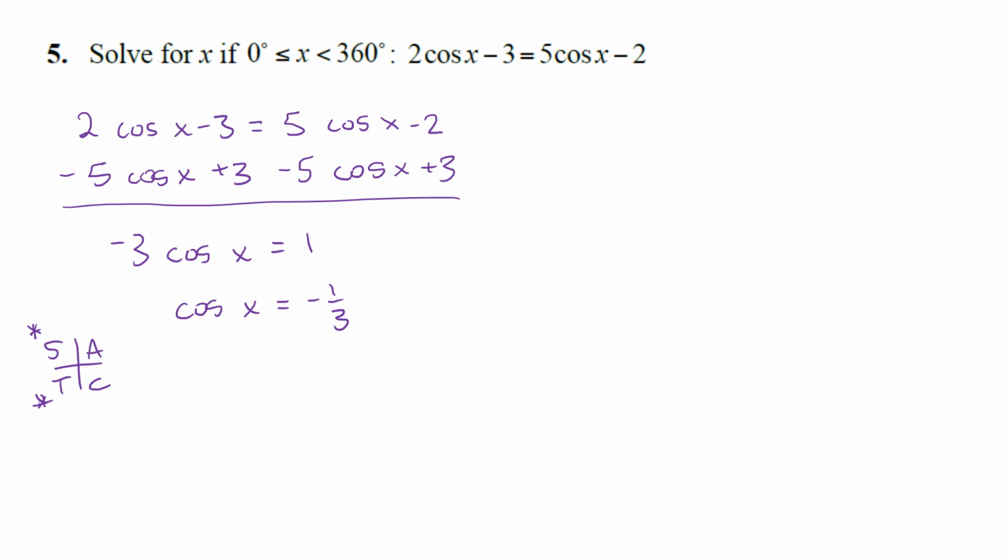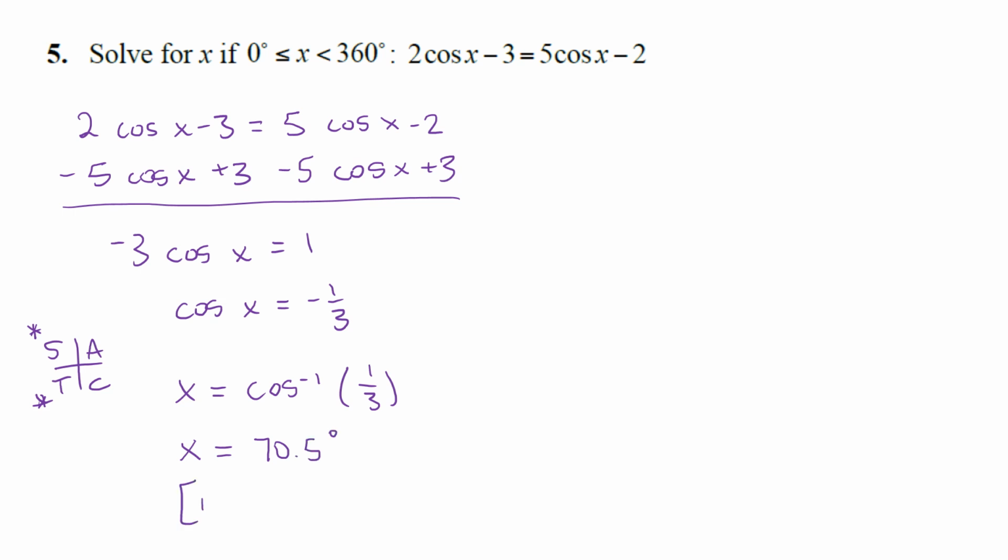So let's take the inverse of cosine to find our reference angle. So we'll take the inverse of cosine of 1/3. And when we substitute this into our calculator, rounded to 1 decimal, we'll get 70.5 degrees.